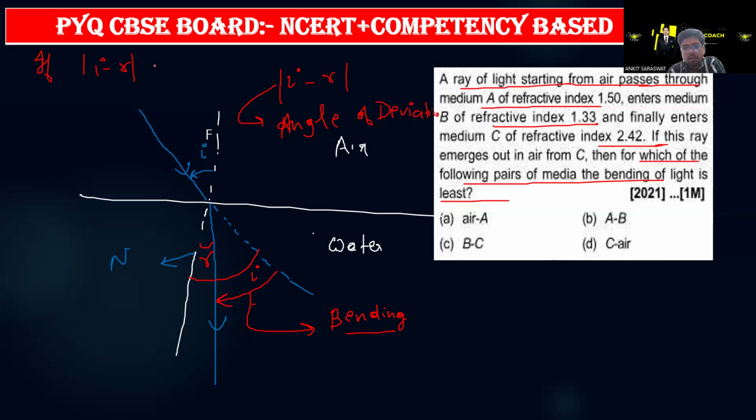We are mainly concerned with magnitude. If it is high, then more bending. Clear?